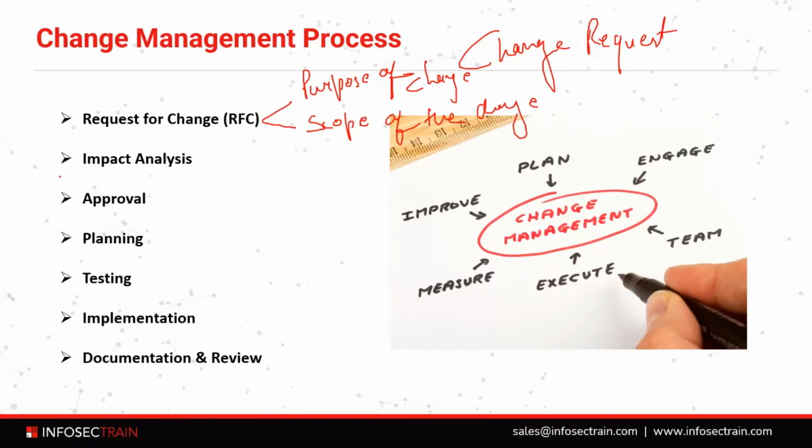Then impact analysis and approval happens, right? So change approval means when a change request has been drafted and submitted, it must go through an approval process, right? So we have change board approvals. If the change is normal or minor, approval might be granted by a supervisor or department manager.